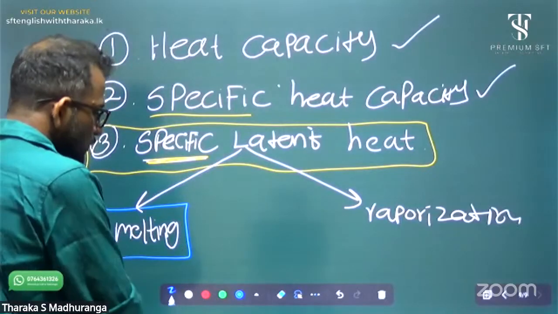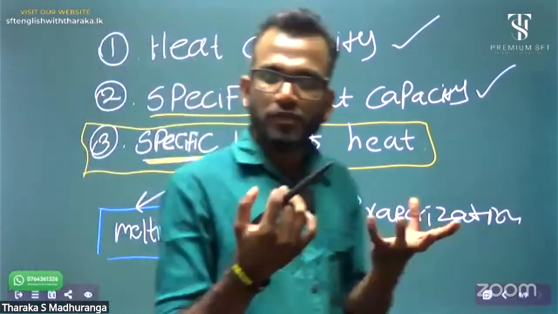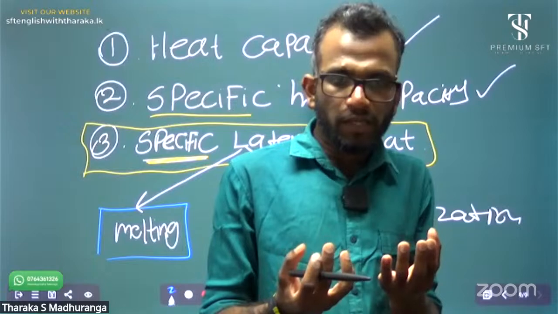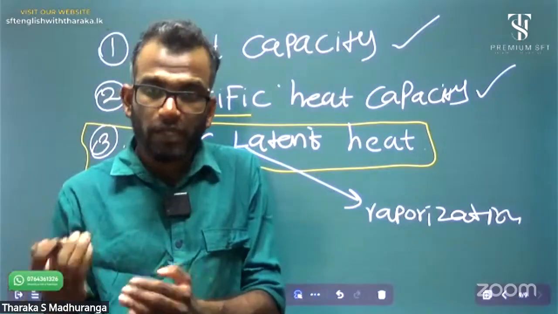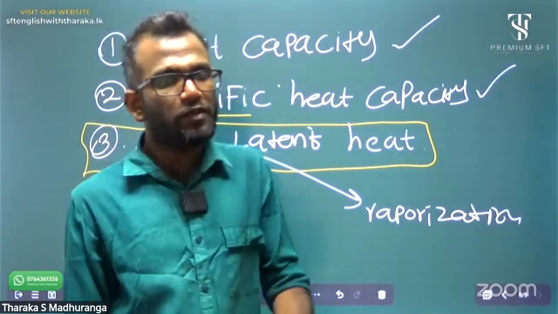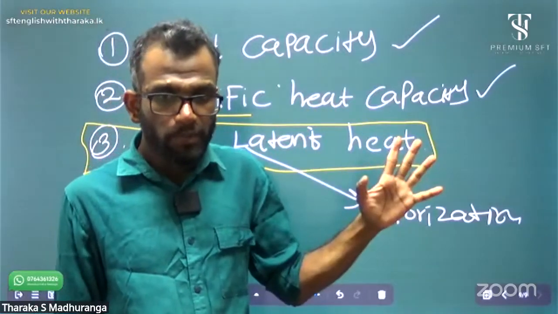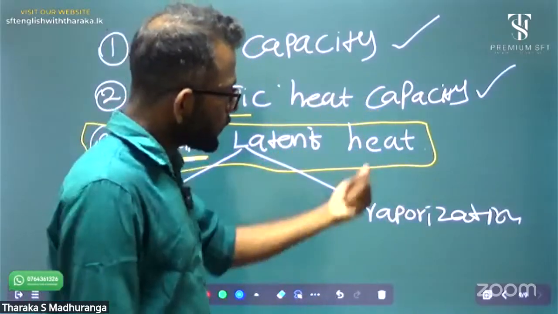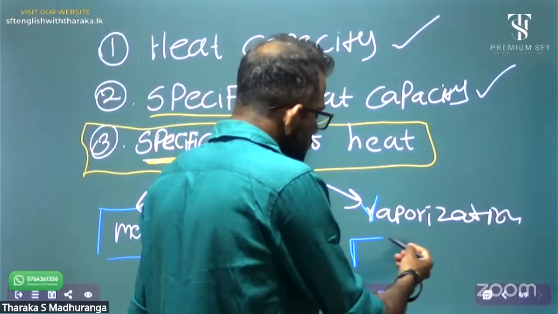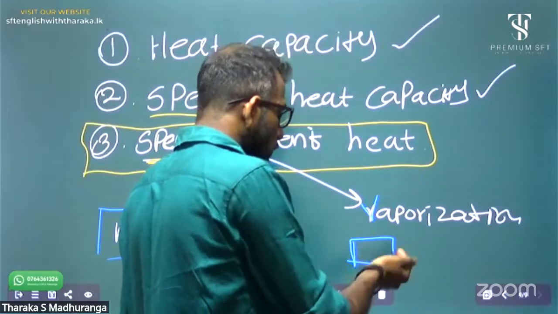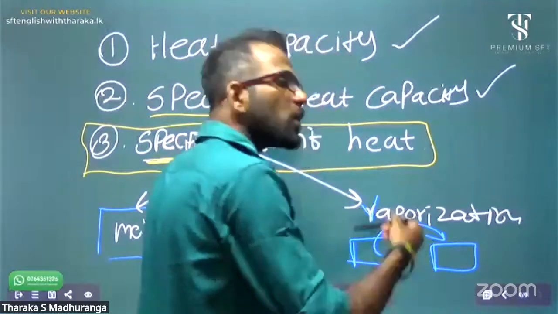Melting means a unit mass of solid material completely converts into liquid state without any temperature change; the heat required we call the specific latent heat of melting. The specific latent heat of vaporization means a unit mass of liquid completely converts into vapor state without any temperature change.